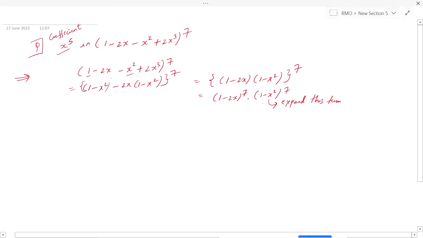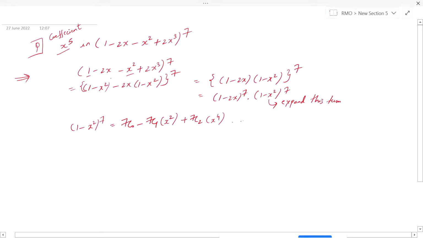Okay, so expand this. What you will get: (1 minus x square) raised to 7 will be equal to 7c0 minus 7c1 x square plus 7c2 x raised to 4.